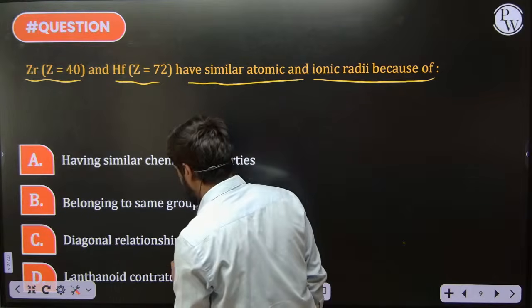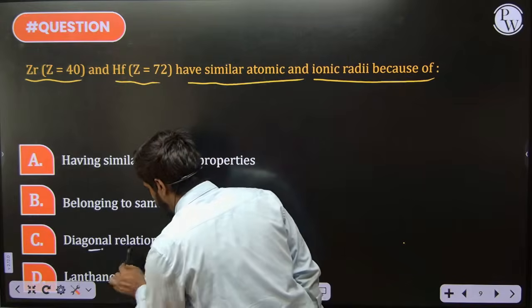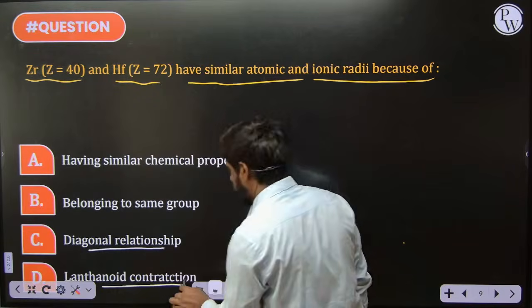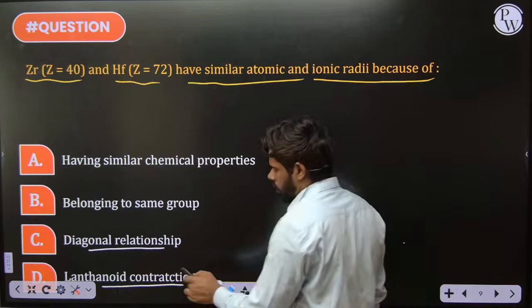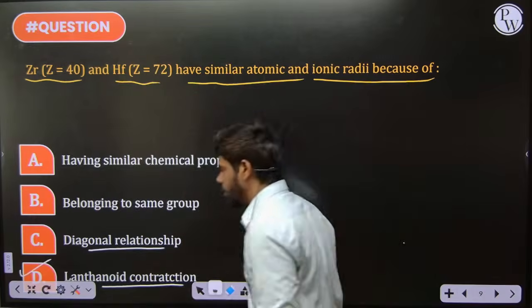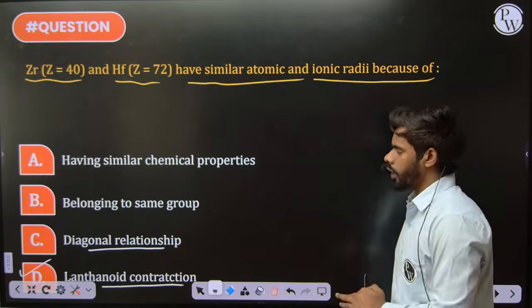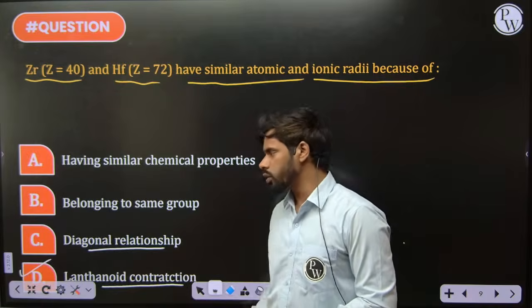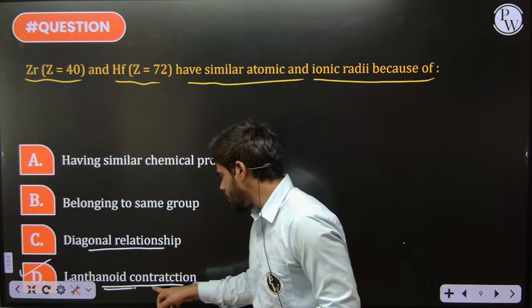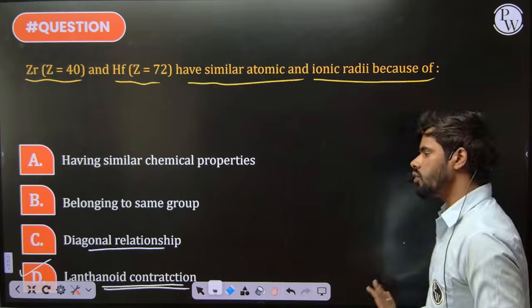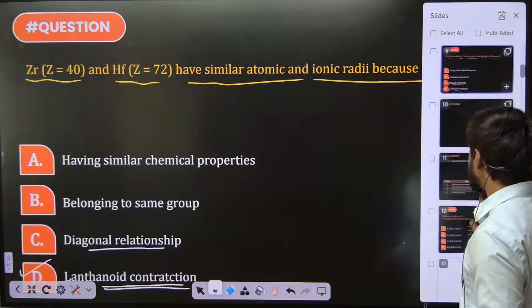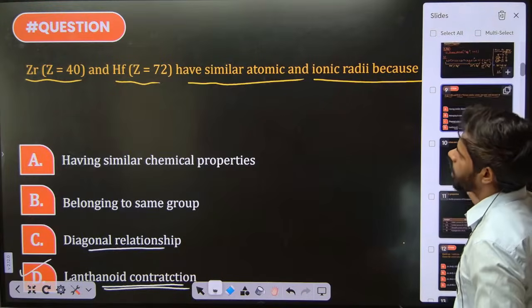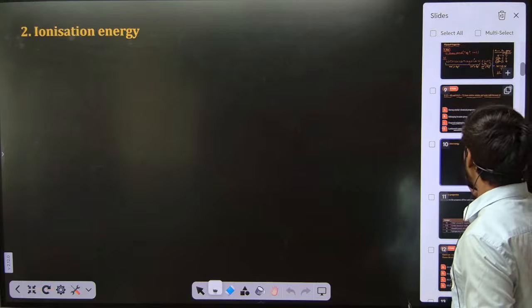Belonging to the same group, having a diagonal relationship, or lanthanide contraction. So this is our correct answer as we have seen just now. It is a PYQ we are doing. After each topic we will do the PYQ. So lanthanide contraction is the reason for the decrease in the size, comparable to the 3D, 4D series.